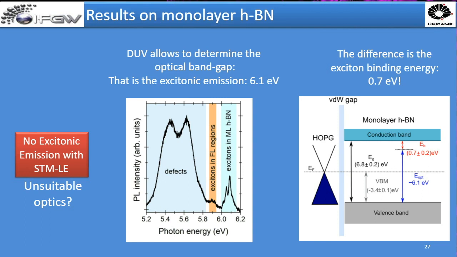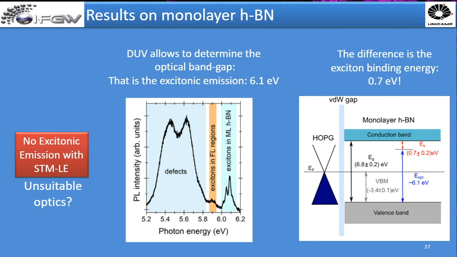And to get the luminescence of the sample, we counted on the assistance of collaborators that performed DUV photoluminescence and could measure this luminescence peak to show that the sample has an excitonic emission of 6.1, even not band-to-band, sorry.